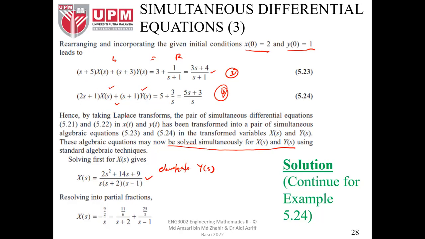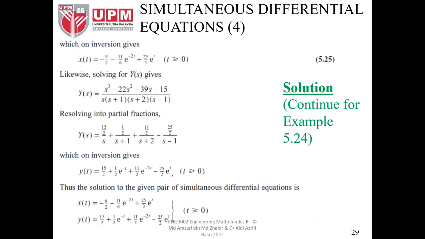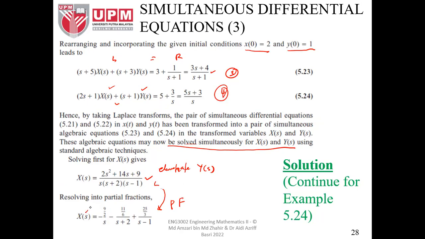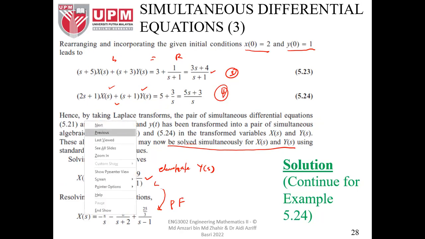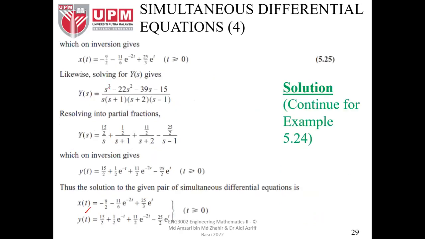Make sure you eliminate Y(s), then you will get X(s). Once you have X(s) in Laplace transform, you need to use partial fractions to get the correct Laplace of the partial fractions. Then you change the partial fractions from the Laplace transform in terms of frequency s back to x(t).